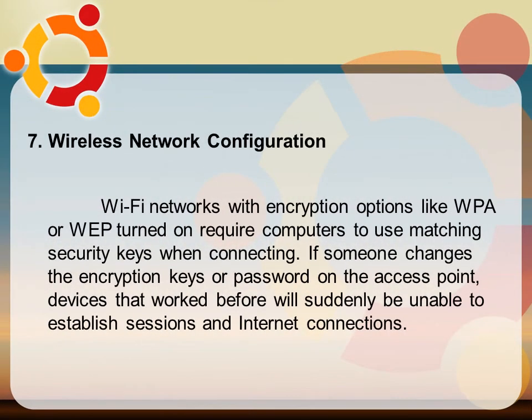Next, we have the wireless network configuration. Wi-Fi networks with encryption options like WPA or WEP turned on require computers to use matching security keys when connecting. If someone changes the encryption keys or password on the access point, devices that worked before will suddenly be unable to establish sessions and an internet connection.